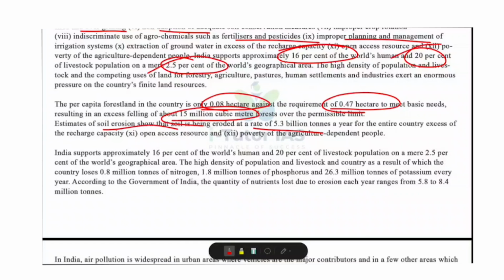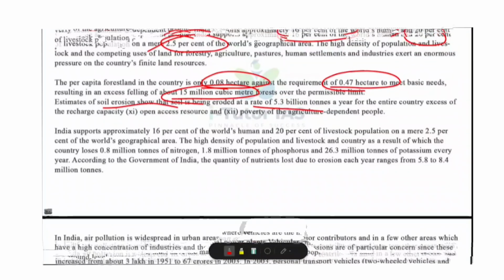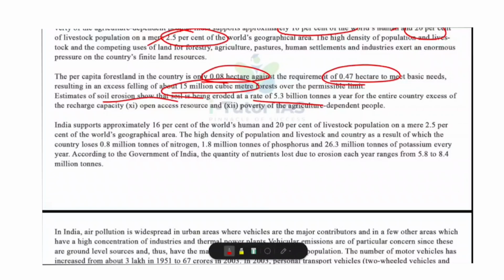And land degradation also leads to loss of soil nutrients. What are those nutrients? Nitrogen accounts for 0.8 million tons lost annually. Then phosphorus leads to 1.8 million tons lost annually, and potassium leads to 26.3 million tons lost annually.